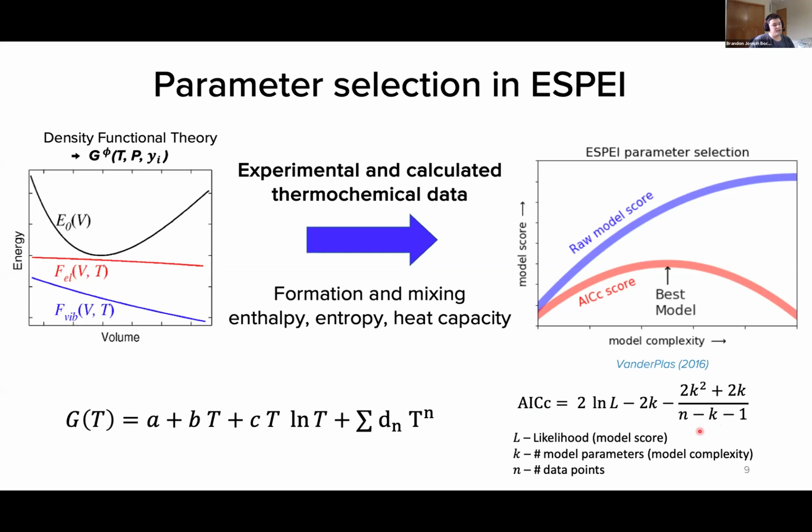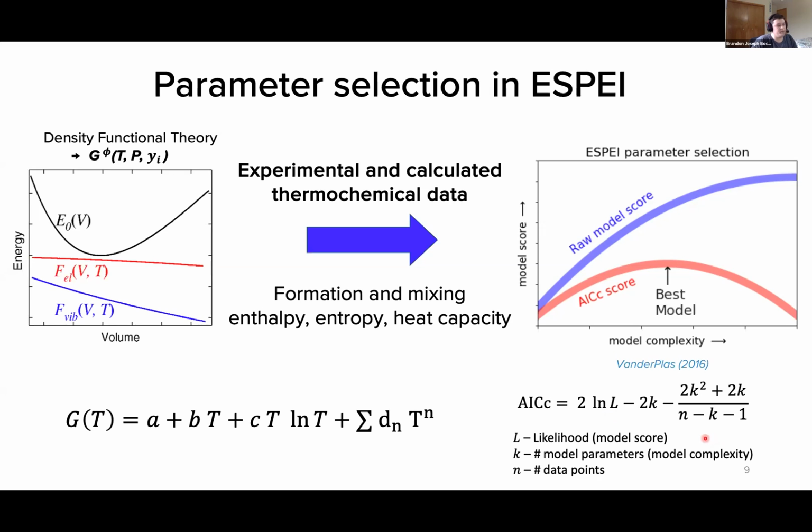This is where the power of this method really is expressed. Typically, if we're only parameterizing according to the model score, we're going to follow this blue curve, and we're going to maximize this likelihood. But as I mentioned, we want to avoid over parameterizing where the data might not support it, and so we have these additional penalty terms here.